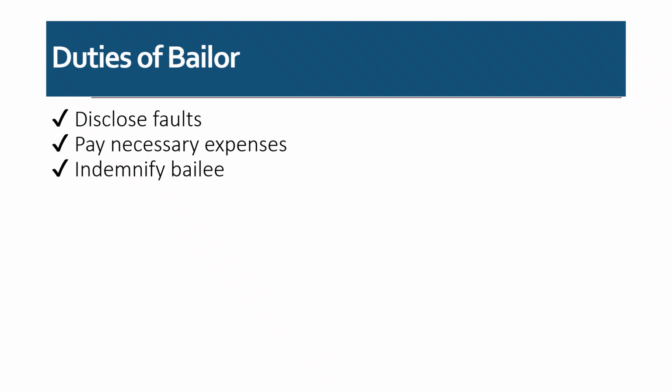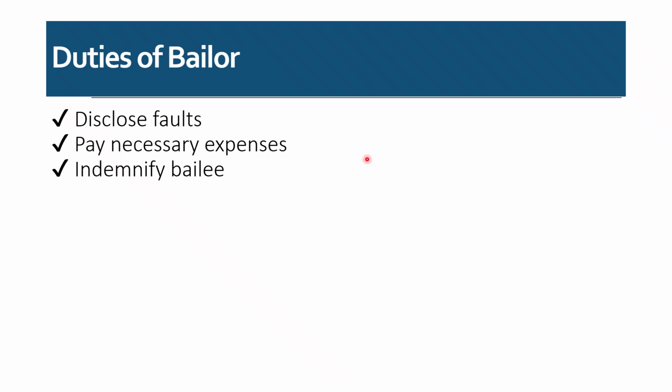What are the various duties of a bailor? Under the Contract Act, the bailor has duties. The first one is disclosure of faults. If the goods have any defect, the bailor must inform the bailee. For example, telling the mechanic that the brake system of the car is faulty. Then is paying necessary expenses.